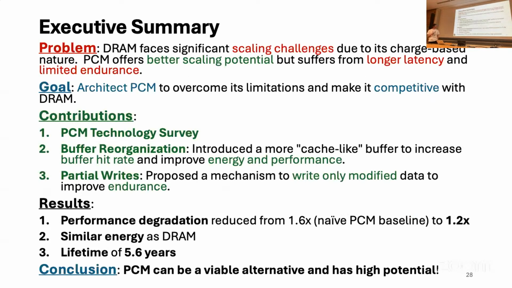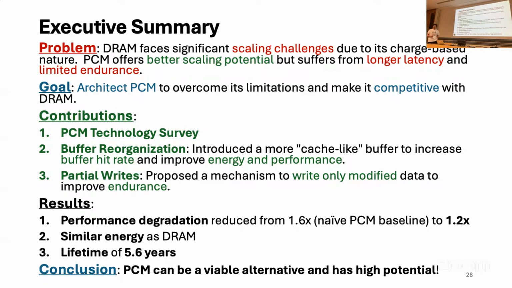So in conclusion, I will just give you the executive summary again, but I will not go through every single point. So the authors really try to close the gap between PCM and DRAM to make it competitive, and make use of the better expected scalability of PCM.